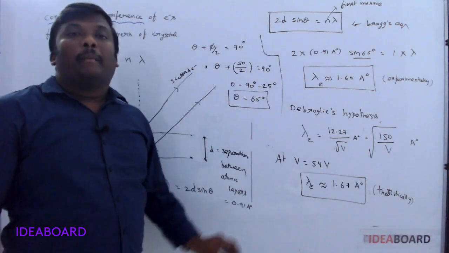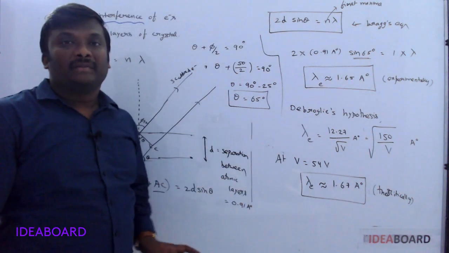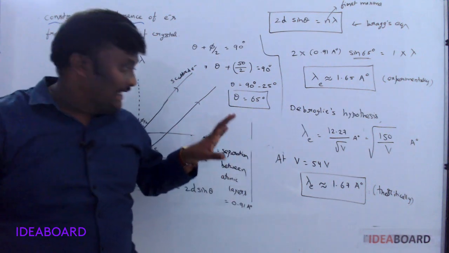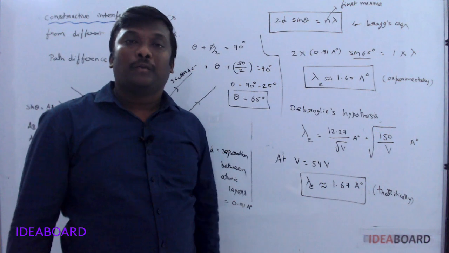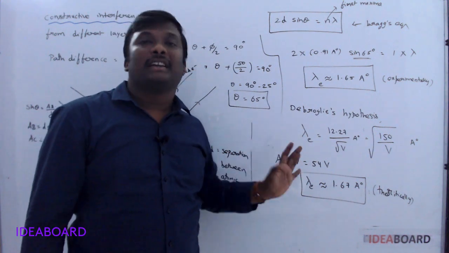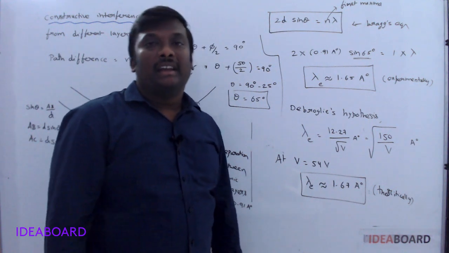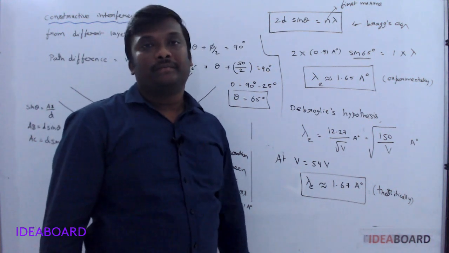So they practically proved that electrons have the wave nature, and also they say that de Broglie concept was 100% correct. You understand? This is the Davisson-Germer experiment.